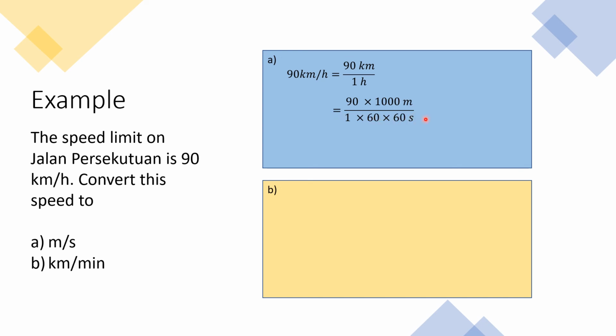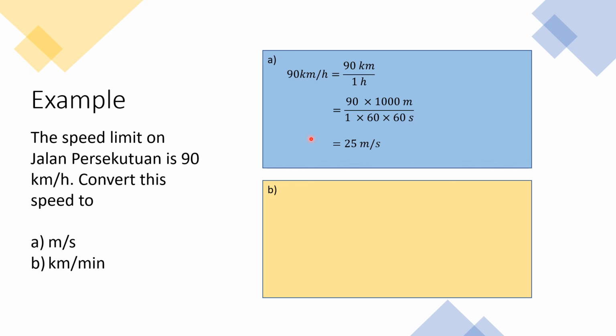So you multiply with 60 two times. Then you just use your calculator, and you will get the answer is 25. So the unit has been converted into meter per second. This is for the first question.